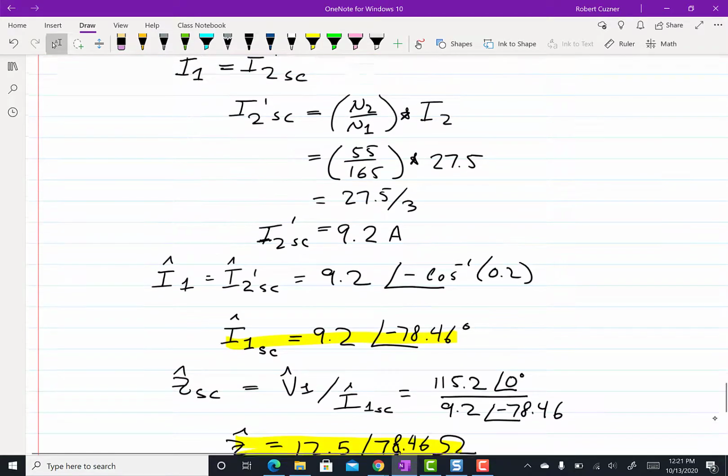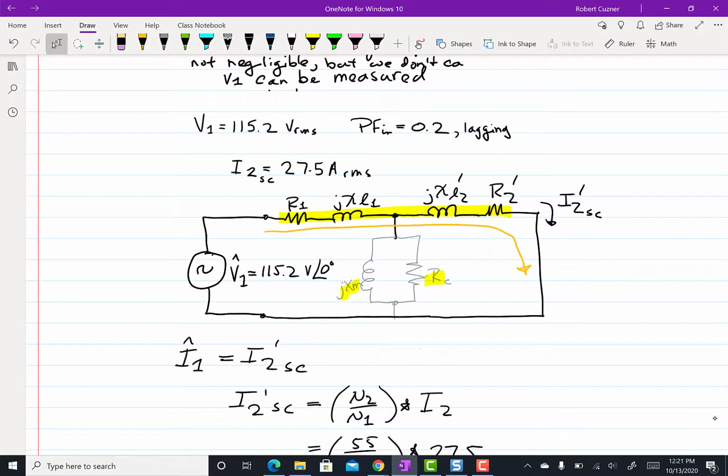Now the short circuit impedance is the impedance of this whole branch right here.